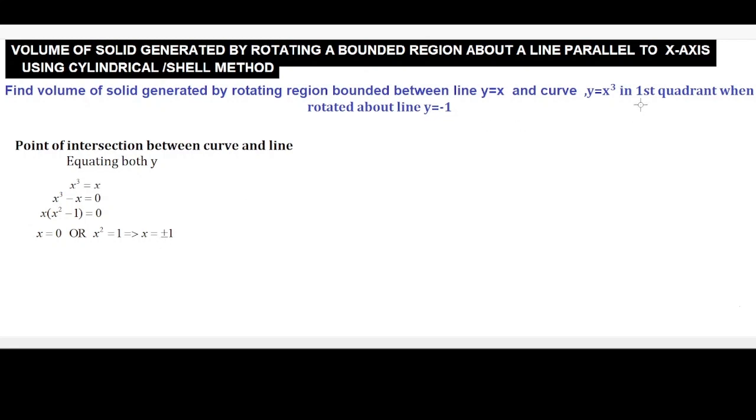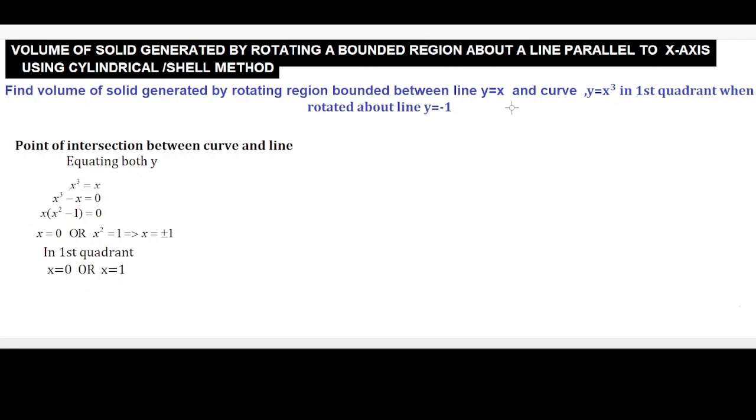But here we have to be careful. We are talking about the region bounded in the first quadrant, so negative values of x and y will not be needed. Because of the first quadrant, we can take only two values of x, that is x equal to 0 or x equal to 1. Now to find the points of intersection, you have to put these values of x into any one of the equations, that is the equation of the line or the equation of the curve.